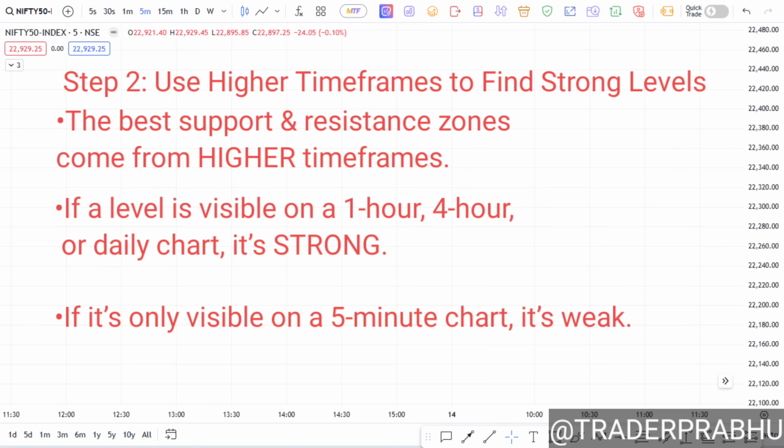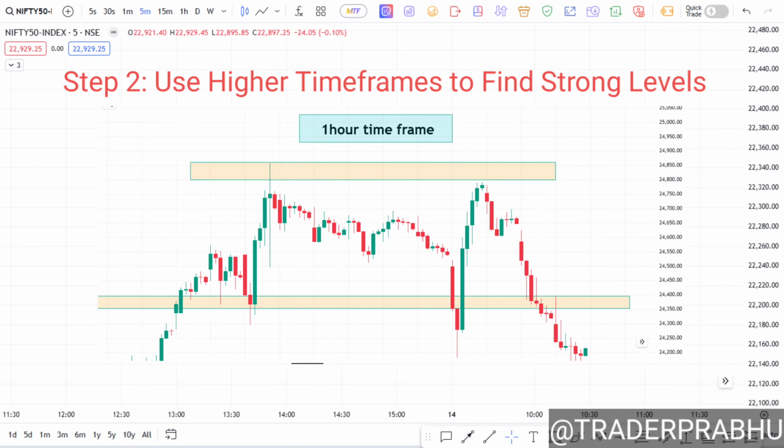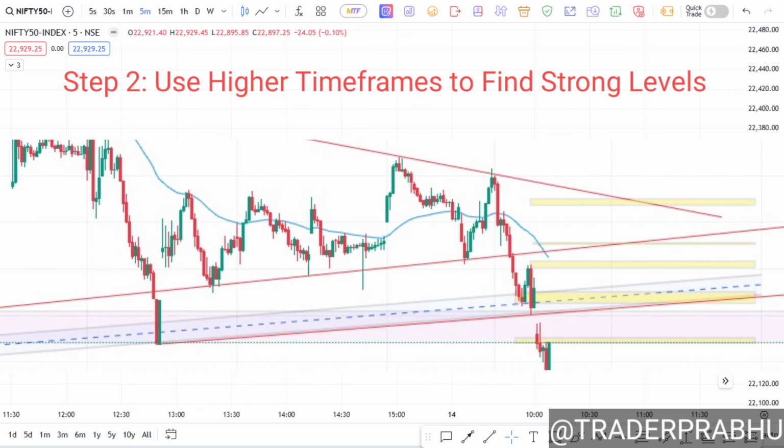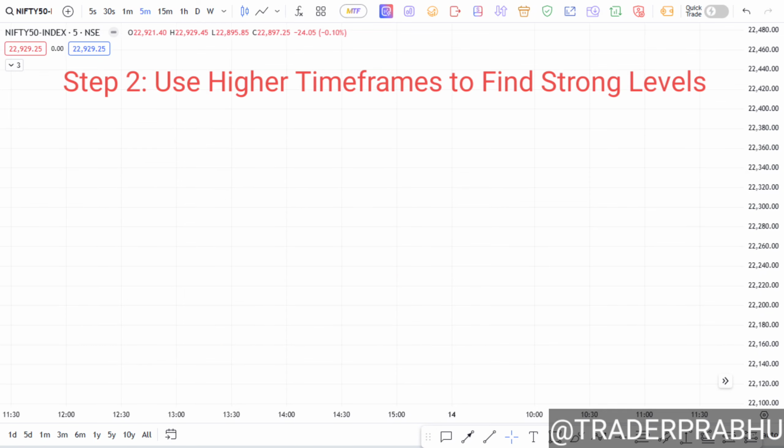If a level is visible on the 1 hour, 4 hour or daily chart, it's strong. If it's only visible on the 5 minute chart, it's weak. Think about it. What do you think moves the market? Retail traders looking at the 5 minute chart, or big banks and institutions using daily and weekly levels? Yeah, that's why we focus on higher time frames first.